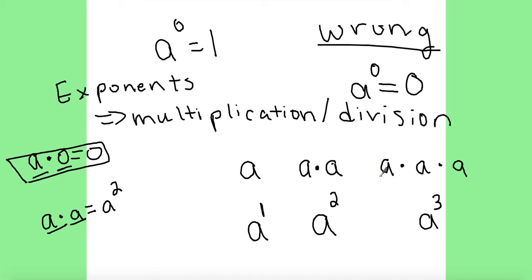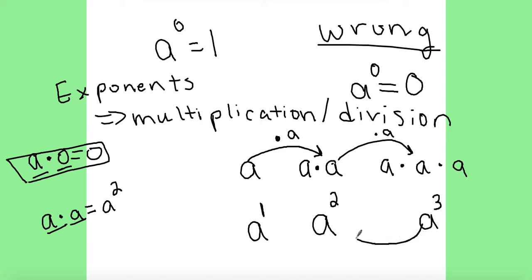But now we've got to pull some of our other concepts. If I think about what's happening in this direction, I'm multiplying by an a to progress up from one exponent to the next. And then to get from this exponent to this exponent, I added another multiplication by a. Well, what if I want to go back down the ladder, right? I started at a cubed and I want to get to a squared.